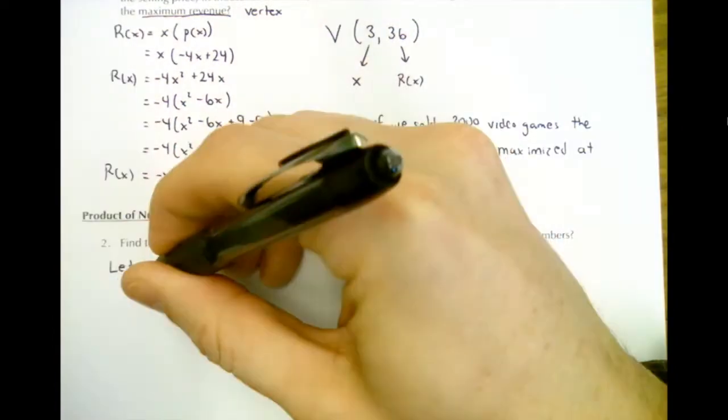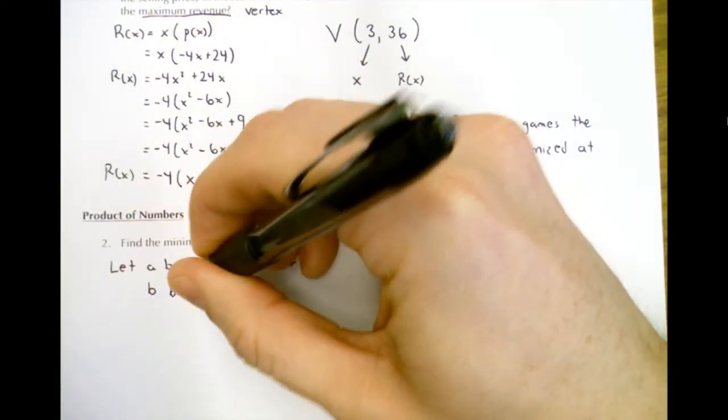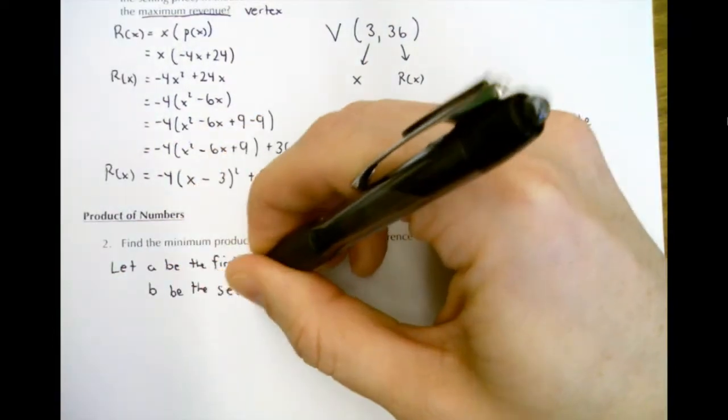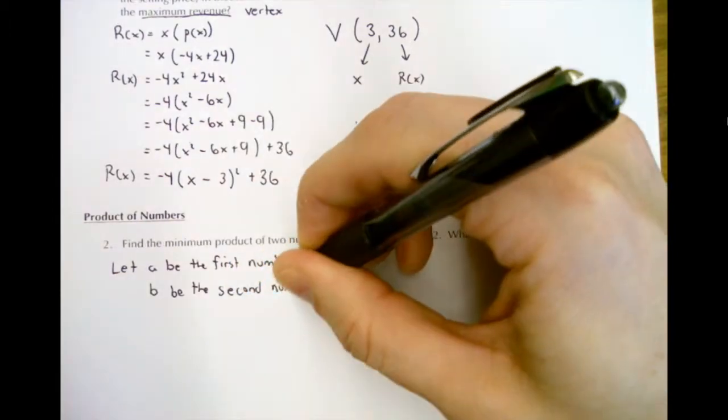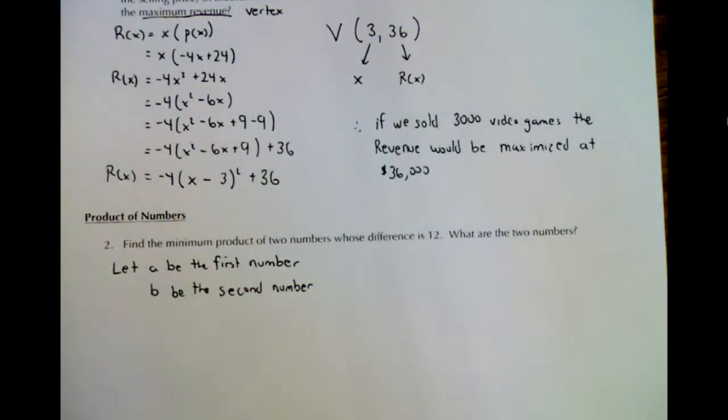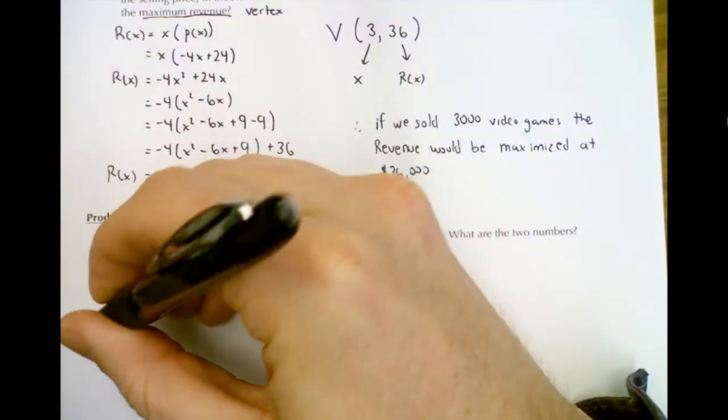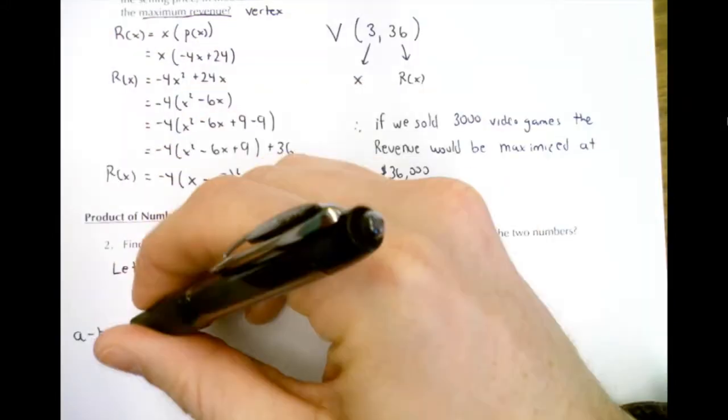And let B be the second number. Well, what do we know about A and B? We know that their difference is 12. So that means if we subtract A and B, we get 12.